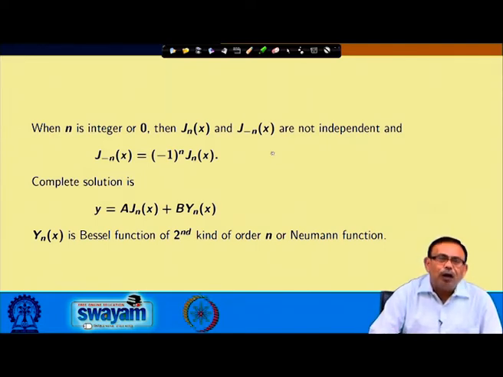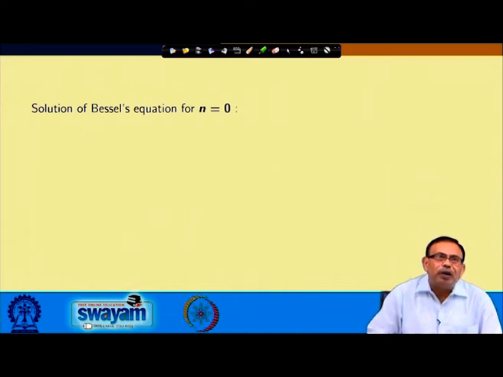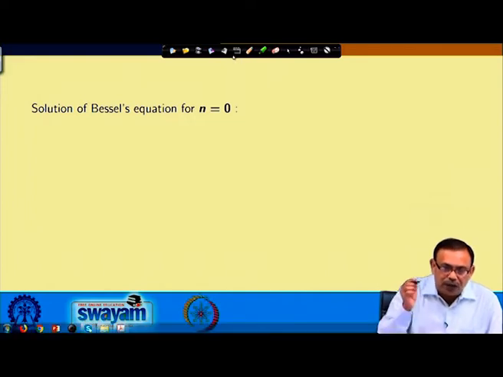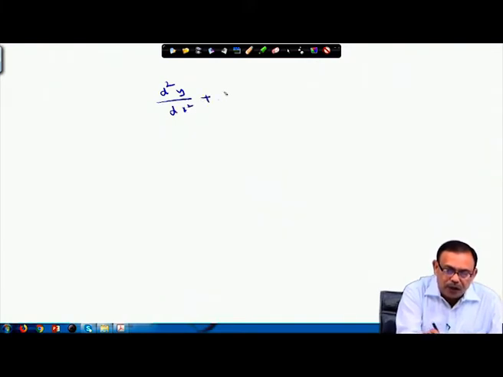Now, the solution of the Bessel equation for n equals 0. Whenever n is 0, the equation is transformed to d2y/dx square plus 1 by x into dy/dx plus y equals 0.